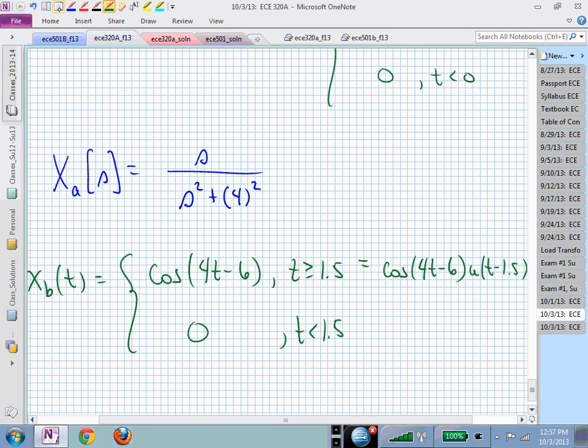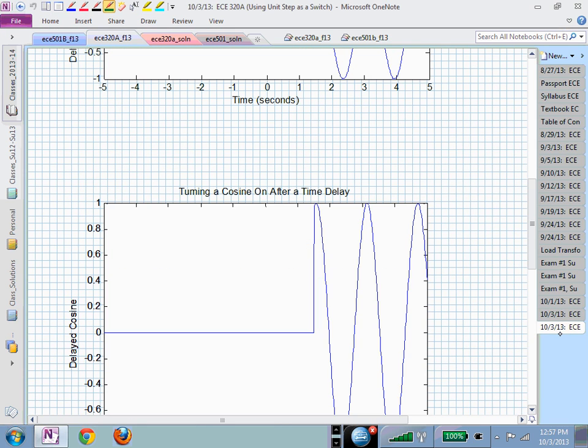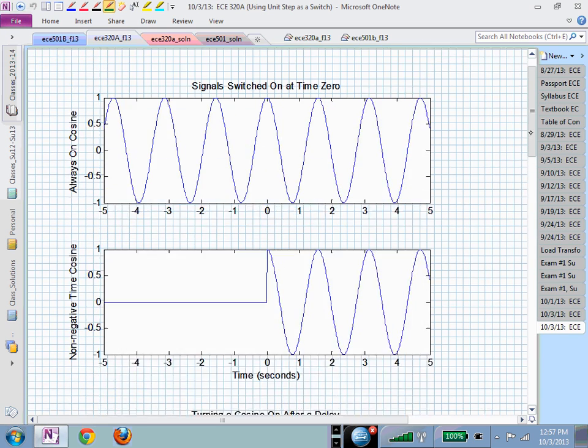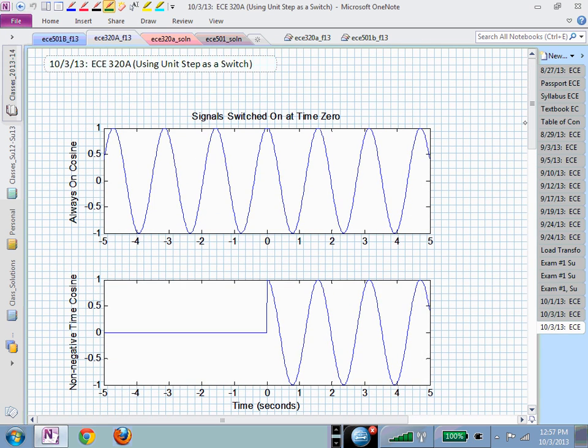I actually tried to generate some MATLAB sketches of this. Let's see if this will help. Here's a cosine waveform of 4t up above, and it's happening for all time. Obviously, I can only show a finite length of time, an interval from -5 to 5 is what I selected. That's cosine of 4t.